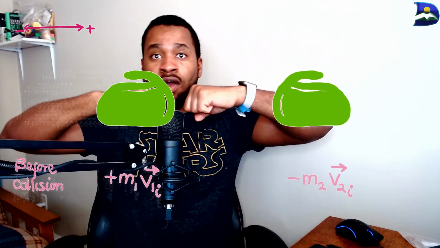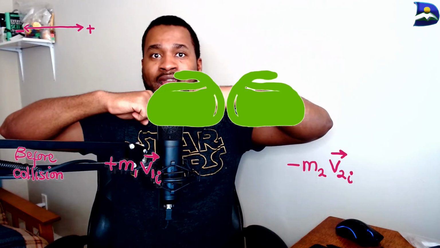Because in here you have object 1 coming at, if you assign this to be positive, to the right, and on this side here object 2 coming in contact to the left. That means negative velocity, positive velocity, and in there you have that particular momentum established.